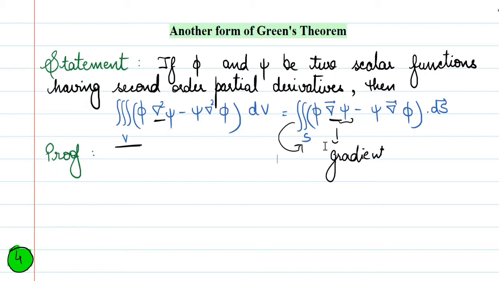So let's start with the proof. It's the simplest one. It is simpler than the first form that we have done. This is far simpler and the easy one. You can perform either of the two.